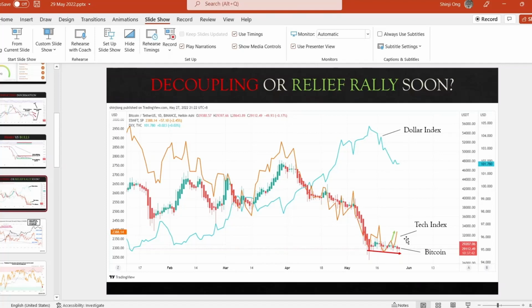Then you find small caps losing a lot. And if you go out from the stock market into the private equity space, venture capital and so forth, these are the guys who will get walloped when you withdraw liquidity. And I think that's what we're seeing on the crypto side, because cryptocurrencies are a representation of these early stage projects where VCs and angel investors come in.